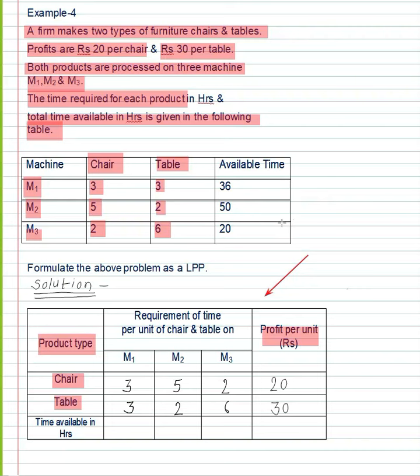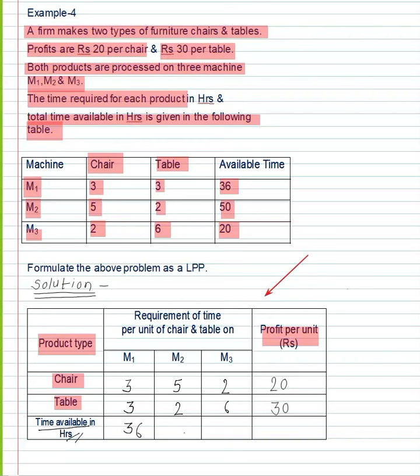Total available time on the three machines is given. 36 hours are available on machine M1, 50 hours are available on machine M2, 20 hours are available on machine M3. Time available in hours. On machine M1, 36 hours are available.